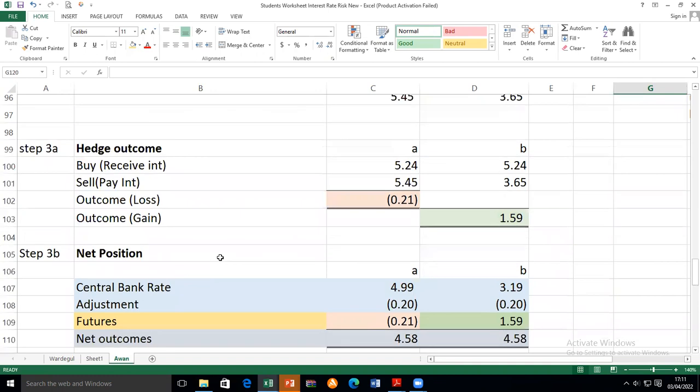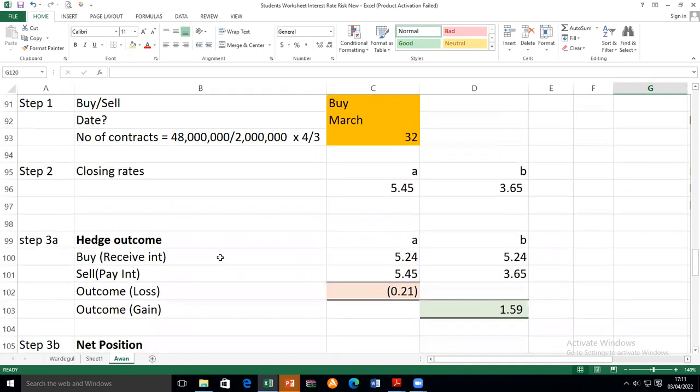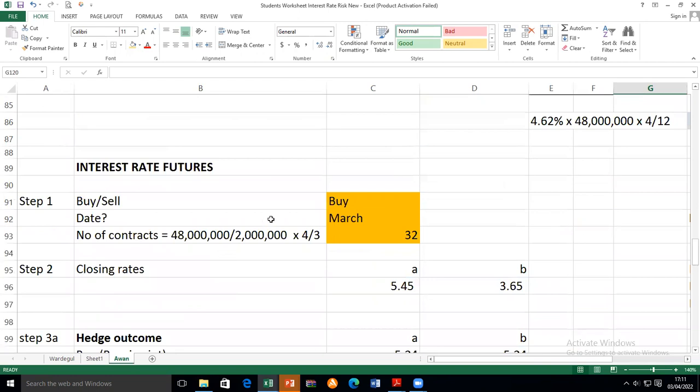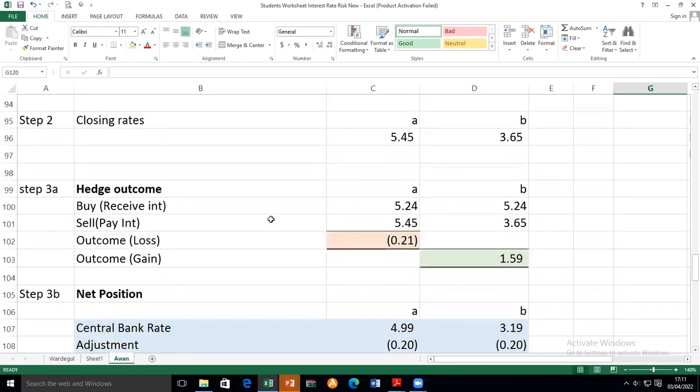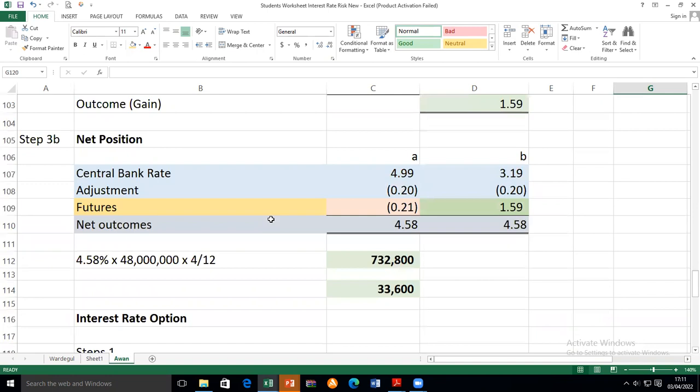So if you remember, yesterday, we did these futures. Remember these futures? And your net position. Now, what we want you to do is to complete an interest rate option.